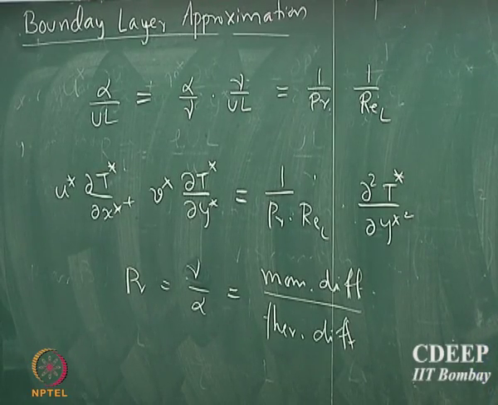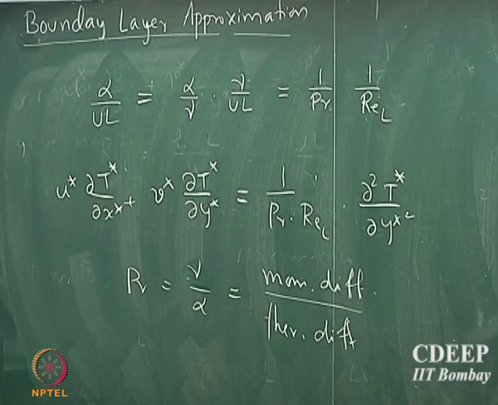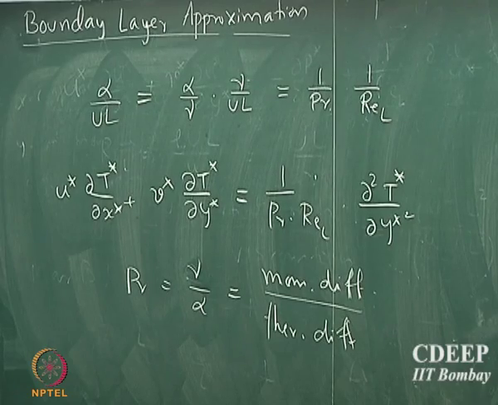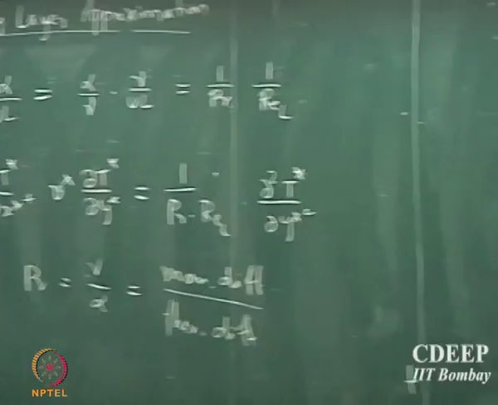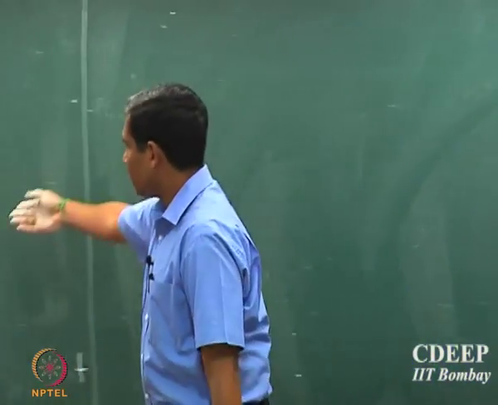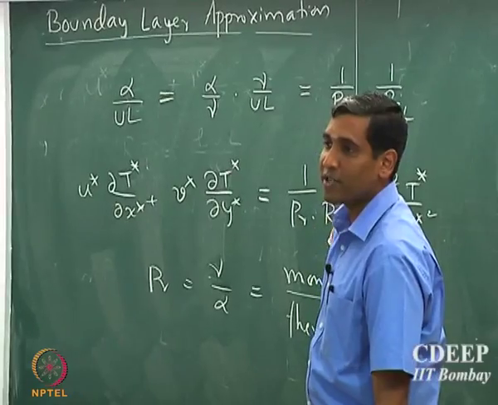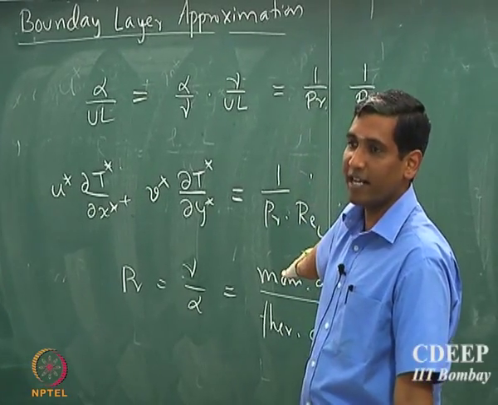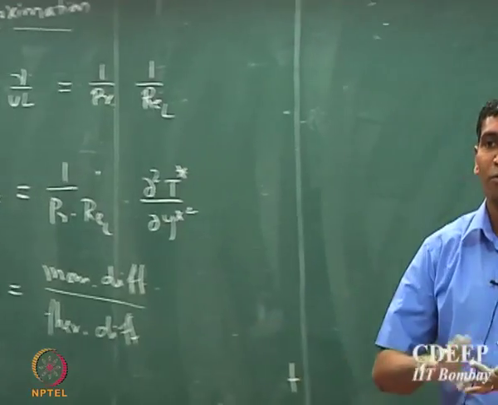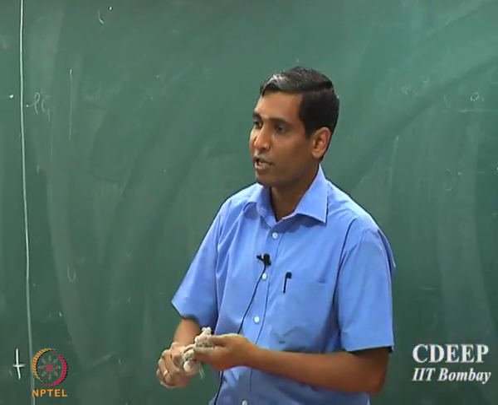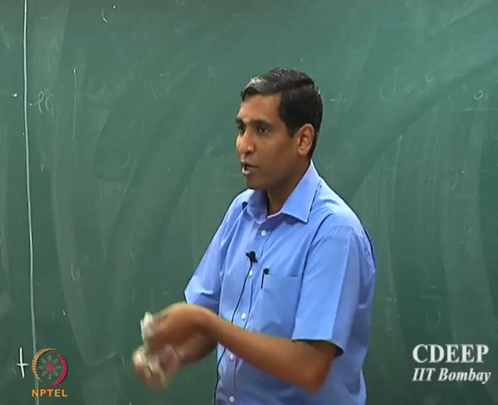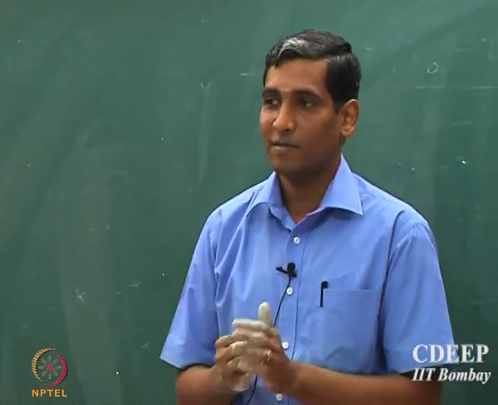What will be the mass balance? Non-dimensional form. Can we guess? I want to do the same non-dimensionalization for mass balance also, right? You've done it for the x and y component momentum balance, you've done it for the energy balance. I want to do it for mass balance also.